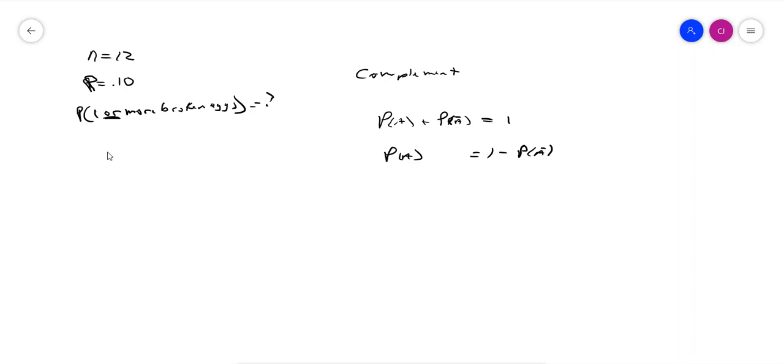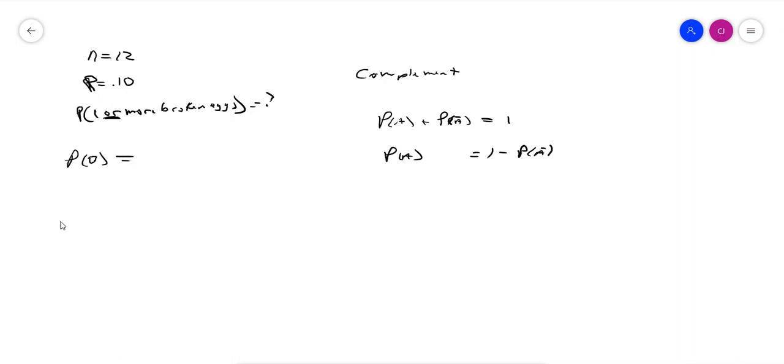Now the probability of 0 equals, how do we find that?